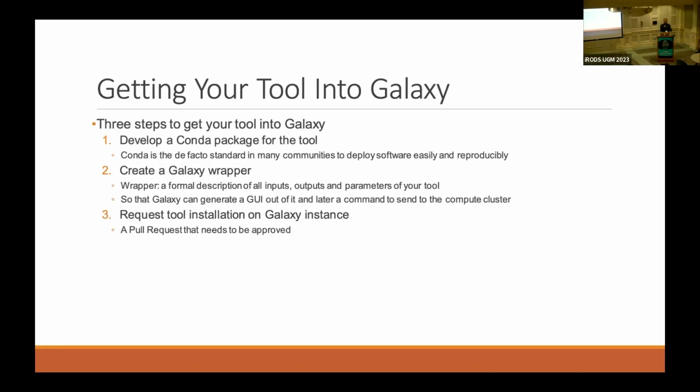You have to develop a Conda package, which is basically the de facto standard for environment and package management. Then you write a wrapper, which is an XML document that formally specifies the input and output to your tool. And finally, you do a pull request for that XML wrapper to be included, and that deploys the tool automatically.